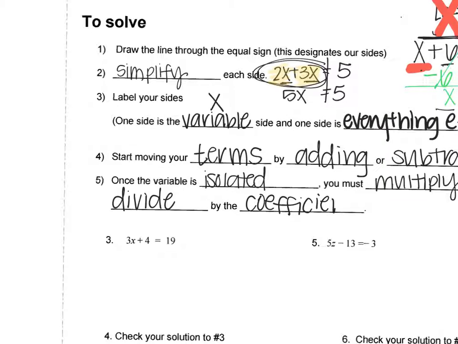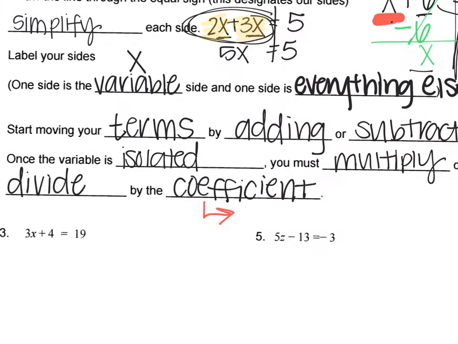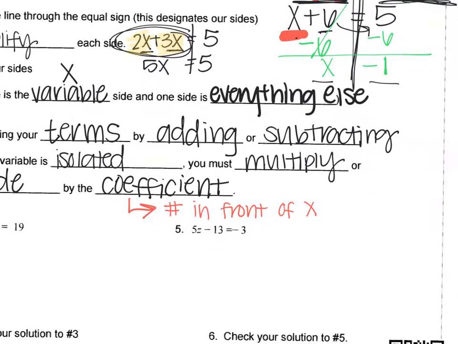We talked about this vocabulary at the beginning of the year as well. Coefficient is just the fancy word for number in front of x. So for example, if I had 3x, 3 is the coefficient. It's the number that goes before x. I've got 3 x's. That's all that means.